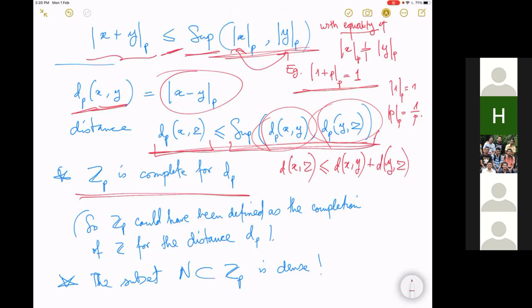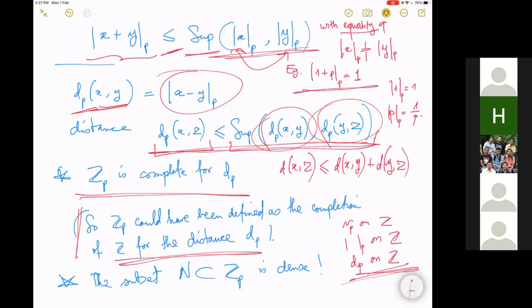And so here's a third way Zp could have been defined. We could have simply defined this Vp on Z. That would give you an absolute value on Z, and that will give you a distance on Z. So that makes it into a metric space, and you know how to complete a metric space, I presume. That would be a third way of defining Zp as the completion of Z for the distance dp.